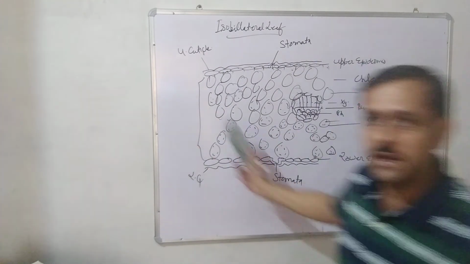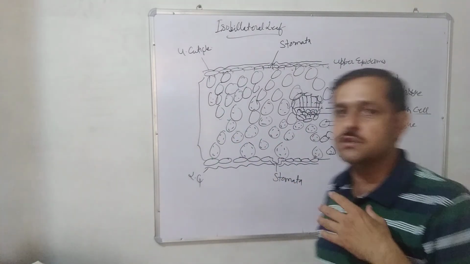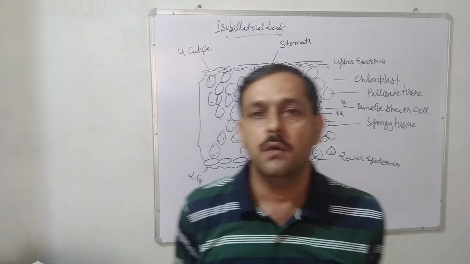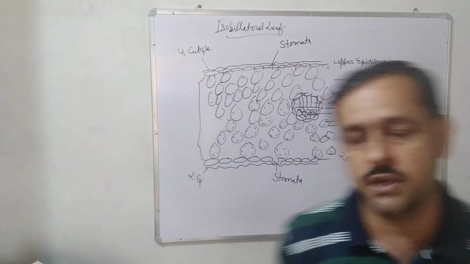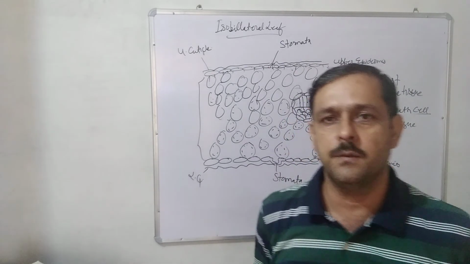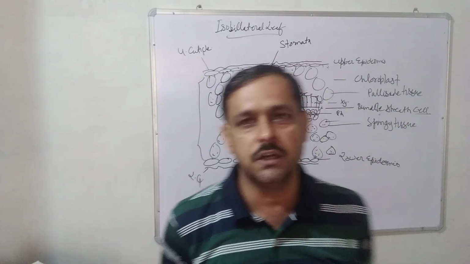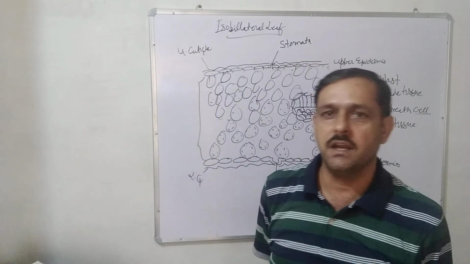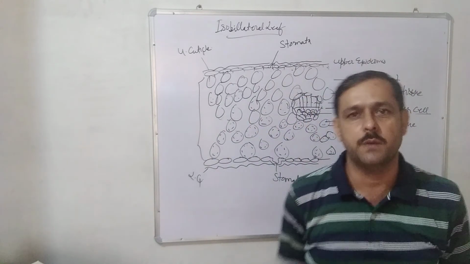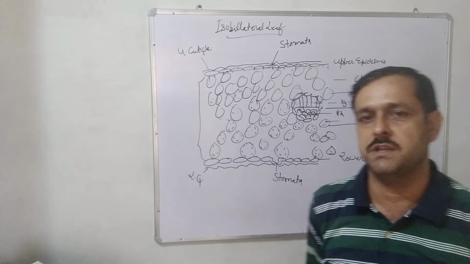And you have to remember this type of anatomy whenever mesophyll tissue is not differentiated into two types of tissue. In the dorsiventral leaf it is differentiated into palisade tissue and spongy tissue, and in the isobilateral leaf the mesophyll tissue is not differentiated into palisade and spongy tissue.